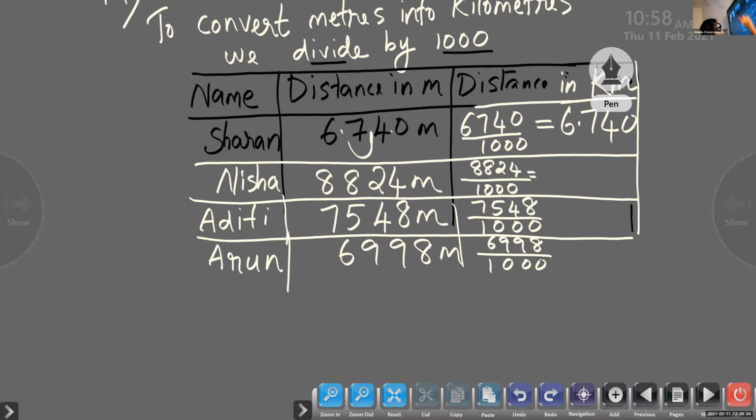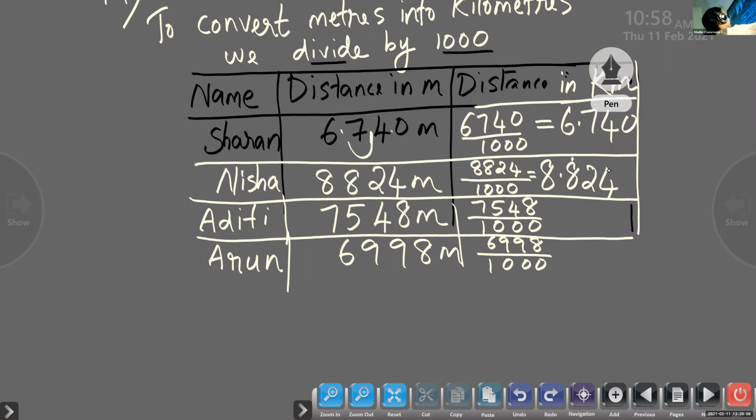Children, please tell me the answer for Nisha. What is the decimal form of the distance for Nisha? Who can tell me? 8.824. Very good. Look here, after the decimal point we have 1, 2, 3 digits.